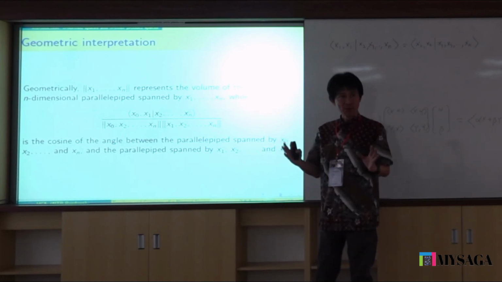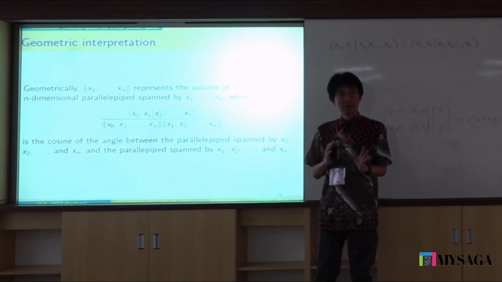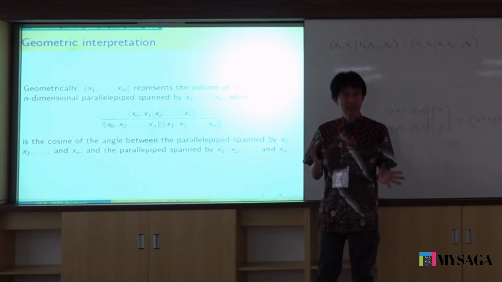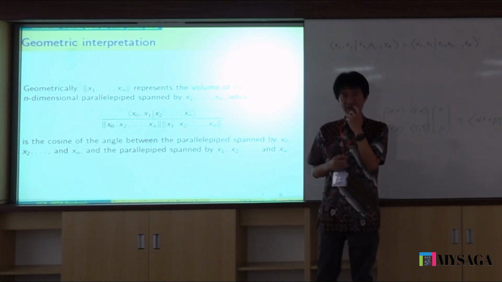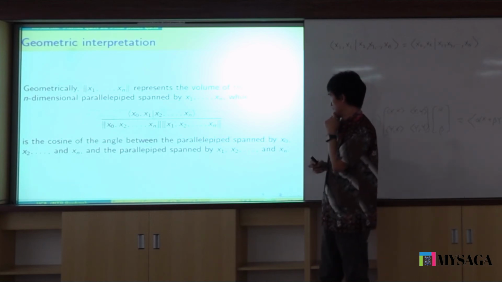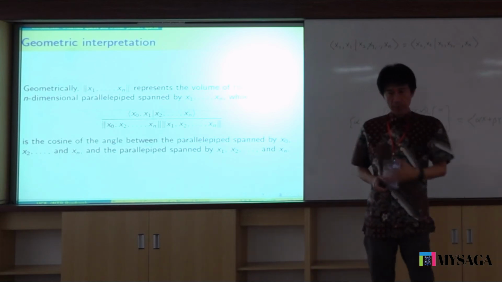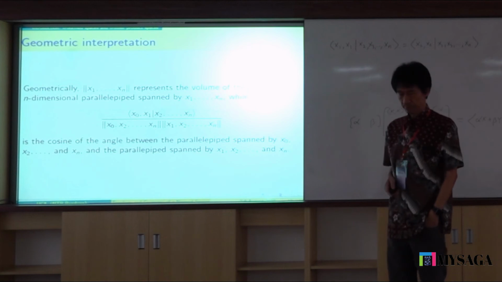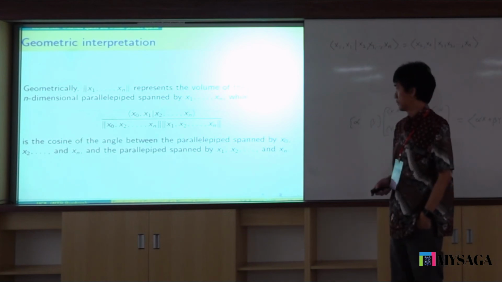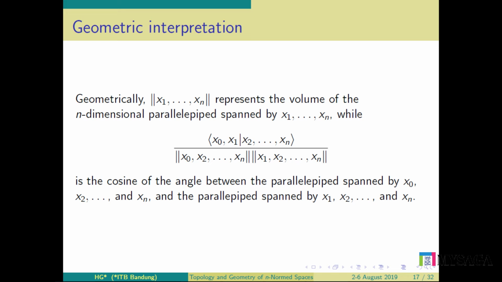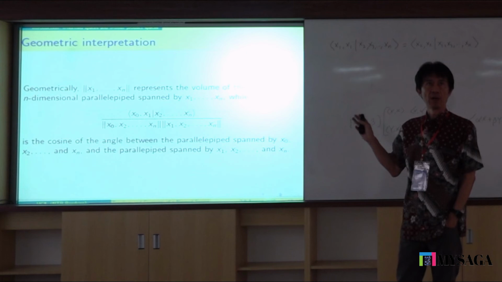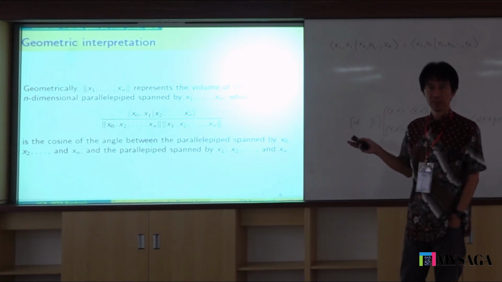So the two parallelepipeds have a common intersection of n-1 dimension. Okay? Later we will come back to this discussion when we talk about the angle between two subspaces. So this is a special case of the angle between two subspaces.